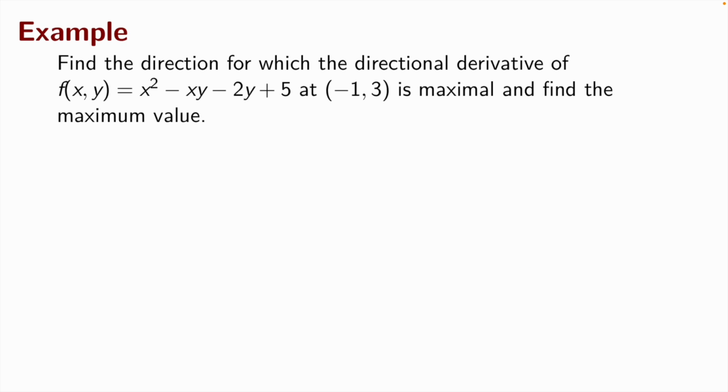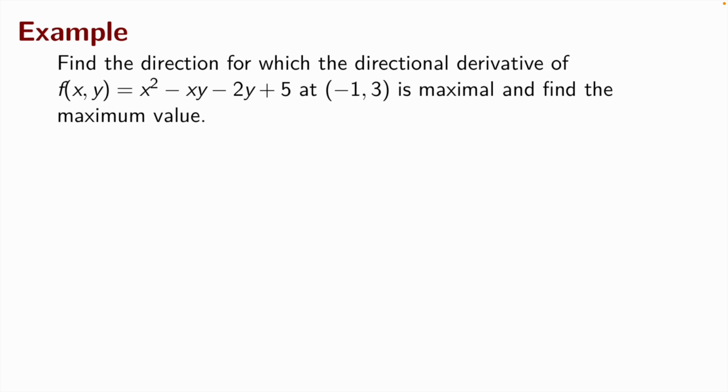Well, we know that the direction in which the derivative is going to be maximal is the direction of the gradient. So what we are asked to calculate is the gradient, because that is the direction in which it's going to be maximal. And then what is the maximal value? Well, it's going to be the norm of that gradient. So essentially all we need is to calculate the gradient.